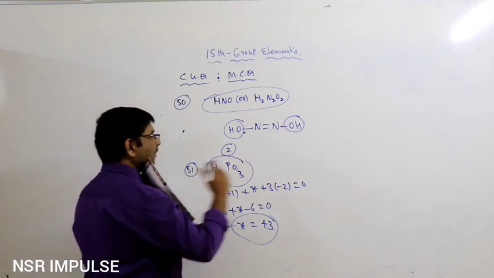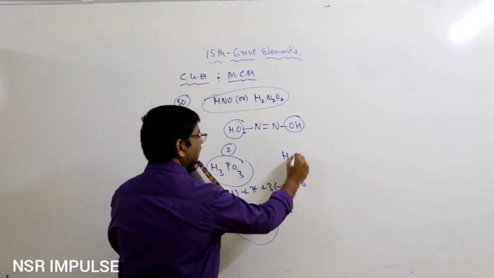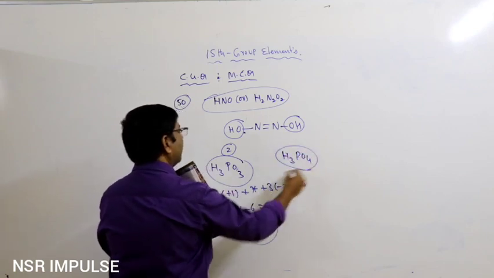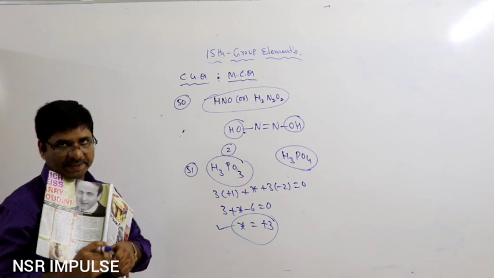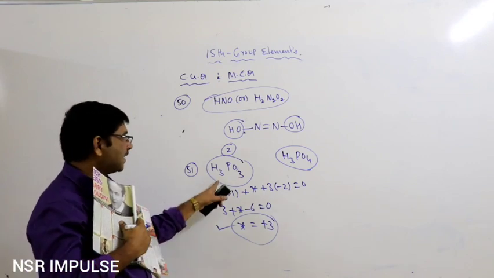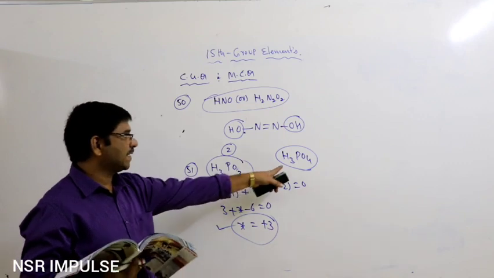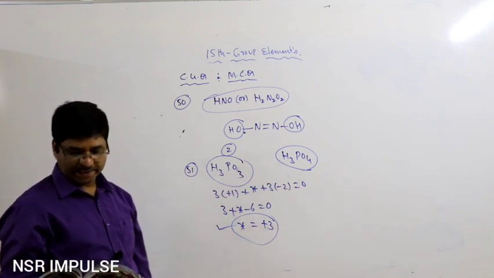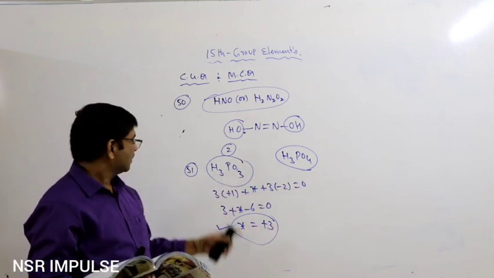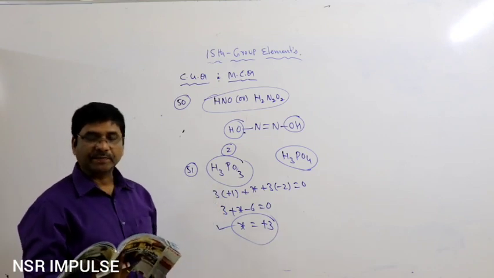You know H3PO4, phosphoric acid, another name, orthophosphoric acid. Phosphorus acid, orthophosphorus acid. Phosphoric acid, orthophosphoric acid. That is the difference. So this is question 51.